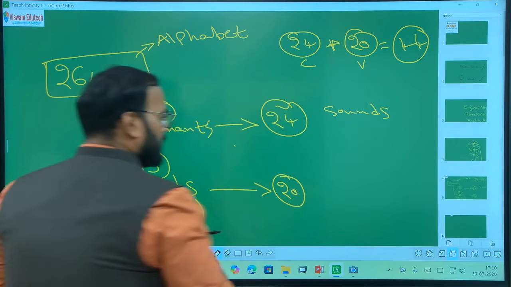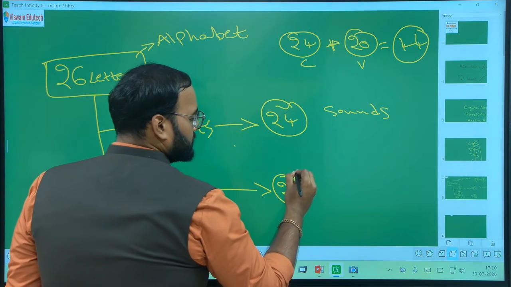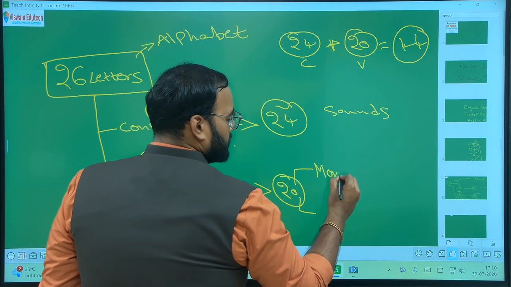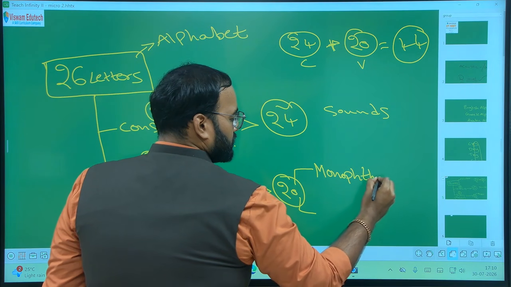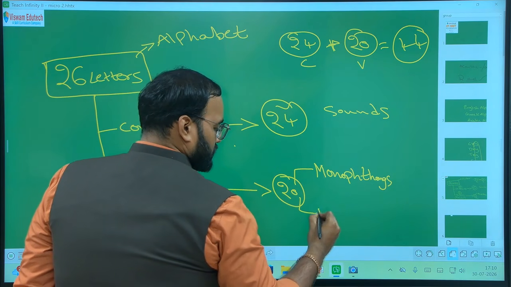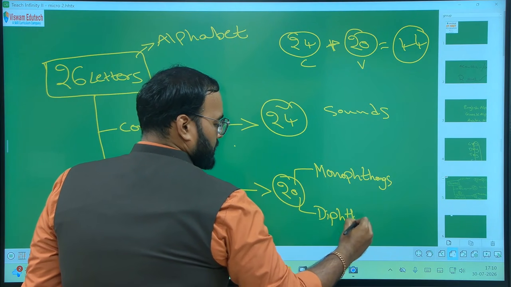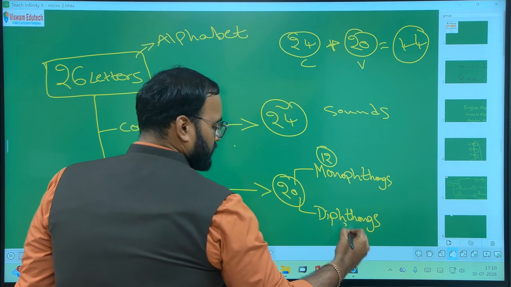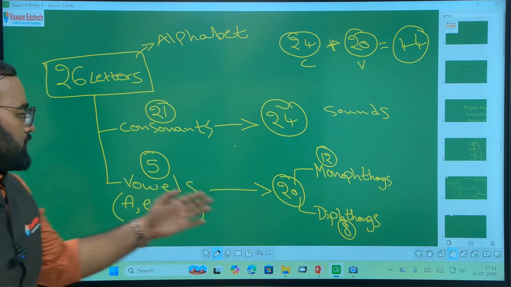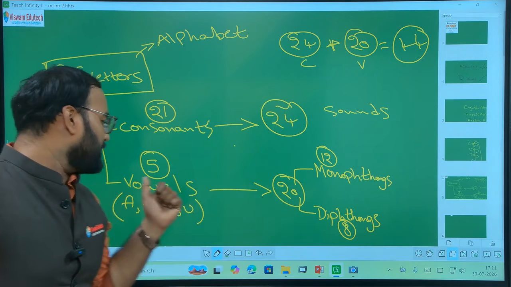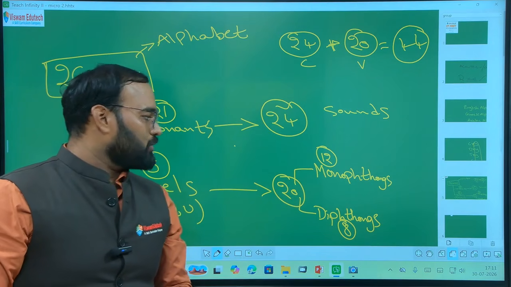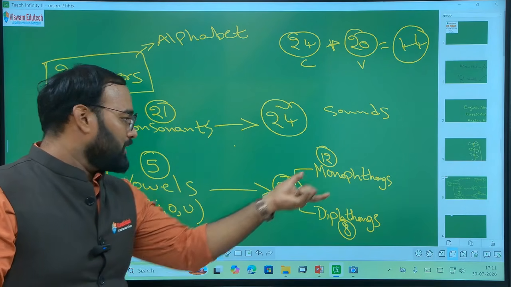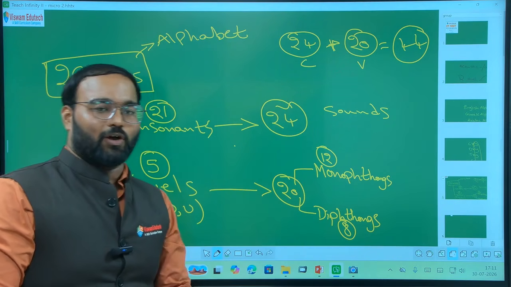And among these 20 phonetical sounds made by vowels, we have 12 monophthongs and 8 diphthongs.